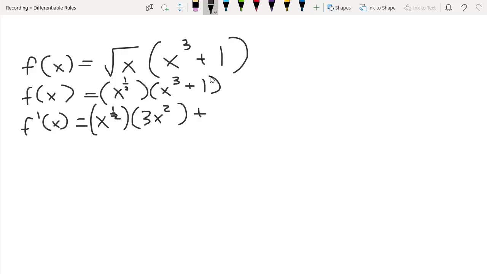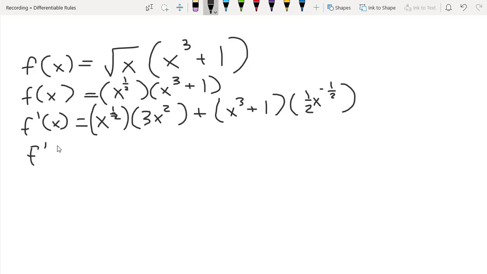And then we add this by g of x, which is x cubed plus 1, times the derivative of x to the power of 1/2. So the derivative of x to the power of 1/2 would be 1/2 x to the negative 1/2. Now we have to simplify this together.